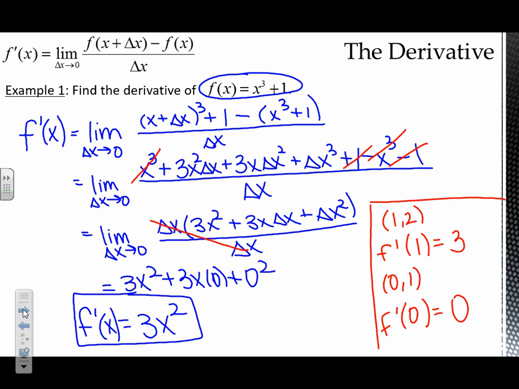Your derivative, more times than not, will be in terms of x, and it's representing all the different tangent lines at the different points, okay? So to evaluate what the slope actually is at those points, you would have to plug in x values to see what they are. Does that make sense? Does that kind of give you a better idea of what that's representing?